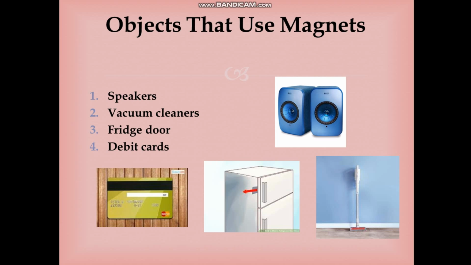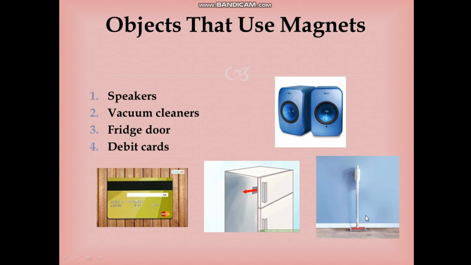Next is a vacuum cleaner. Inside the vacuum cleaner, there is a machine or a motor. Inside the motor, there are several magnets to help you clean all the dust in your home.